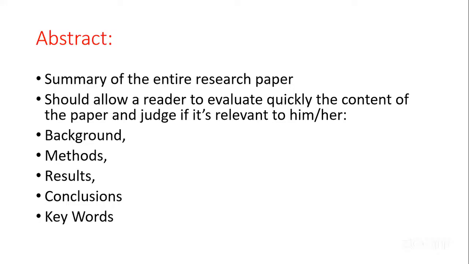The abstract is the first part of the manuscript, which you have to write in an independent way, so that when anybody reads it, they can quickly say, okay, you are interested in this paper, you are going to read the paper.